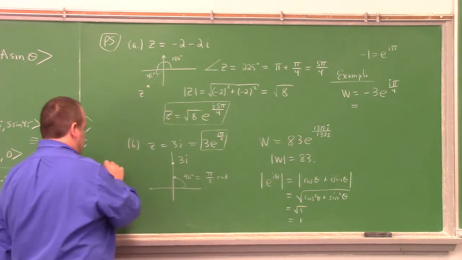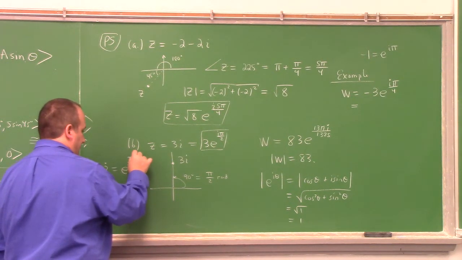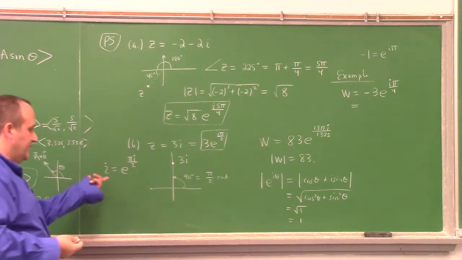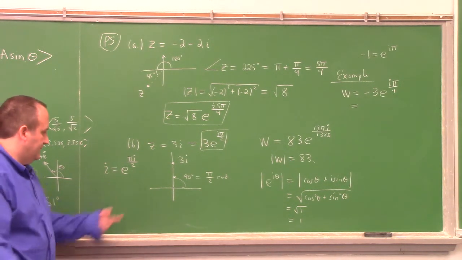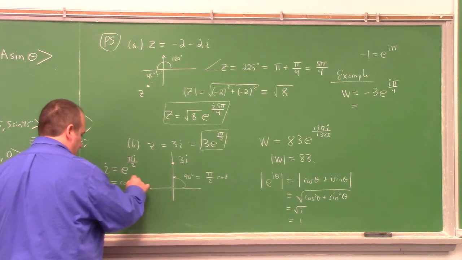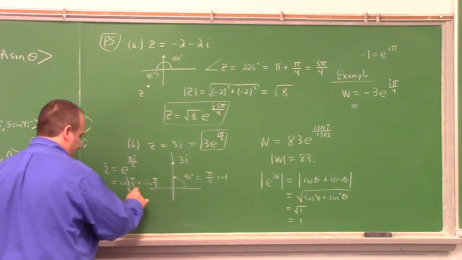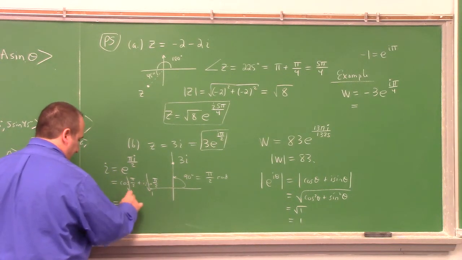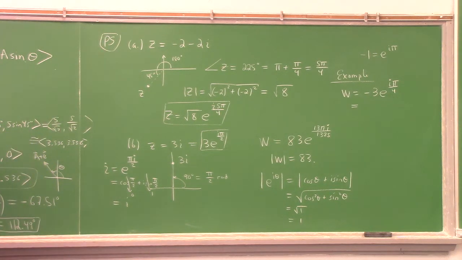Like this one is based on the shortcut I is e to the pi I over 2, right? And that's true because cosine of pi over 2 is 0 and sine of pi over 2 is 1. So when you go to the Euler formula, which I have now erased, this is true because, right, cosine of pi is -1, sine of pi is 0, so that's why e to the I pi is -1.